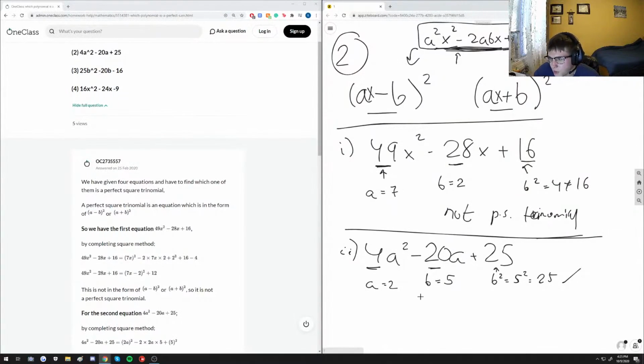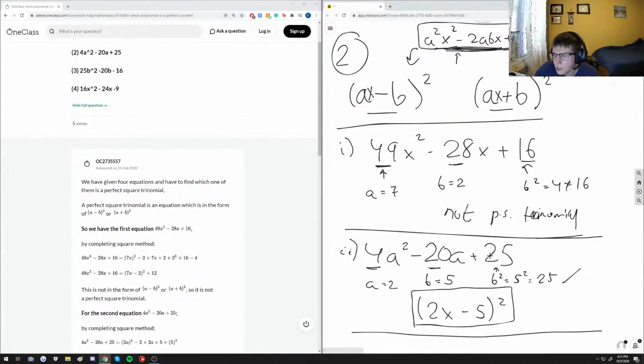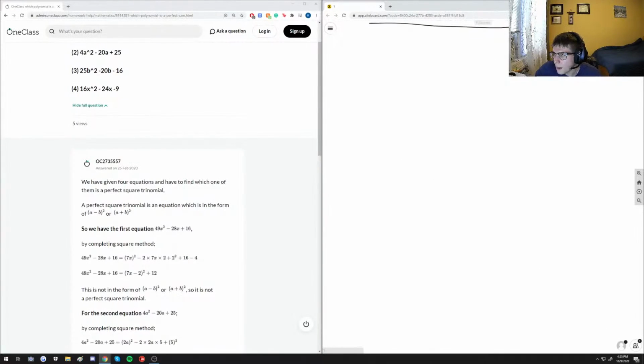So we can actually write this as 2x minus 5 squared, using the same form of a perfect square trinomial. So this is a perfect square trinomial. And now we can move on to the third answer choice.